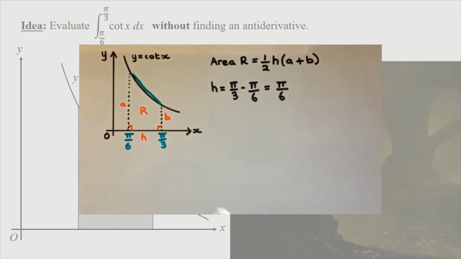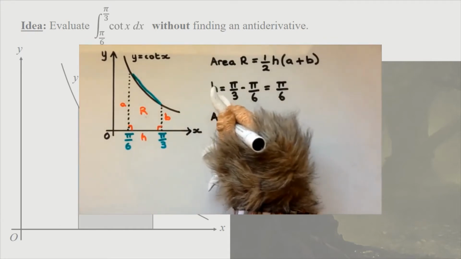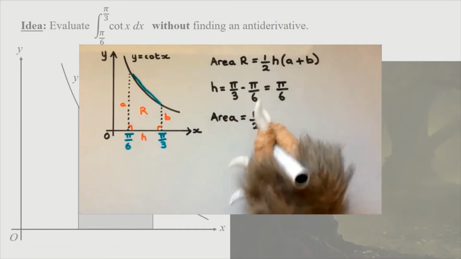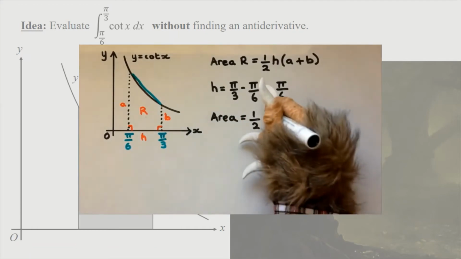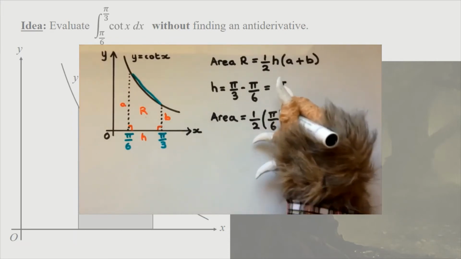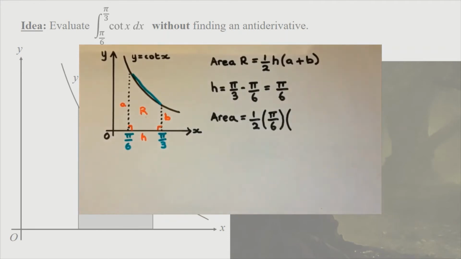Okay, so let's do that. So the area is going to be 1/2 of h. Now h is pi over 6. And then I'm multiplying that by the sum of the two sides. Now, do we have those values? Well, yes, of course we do.